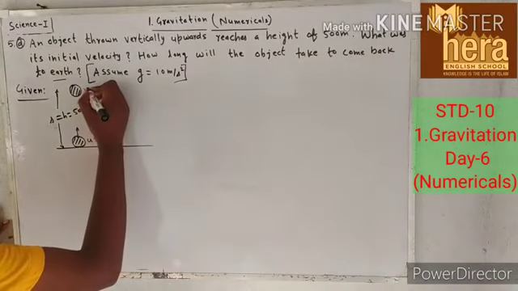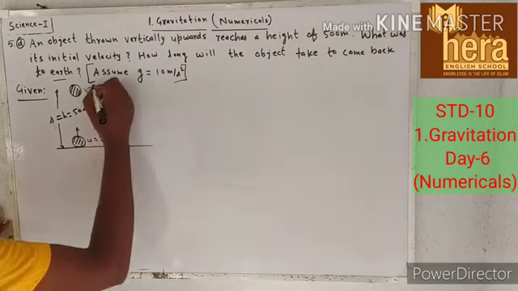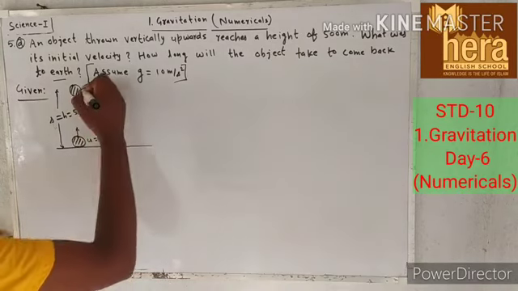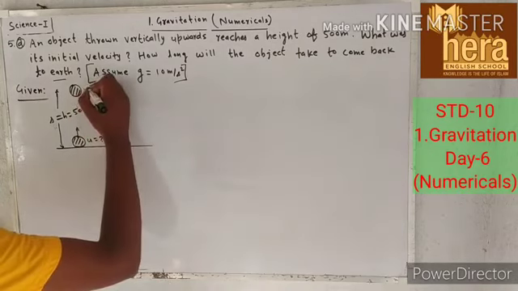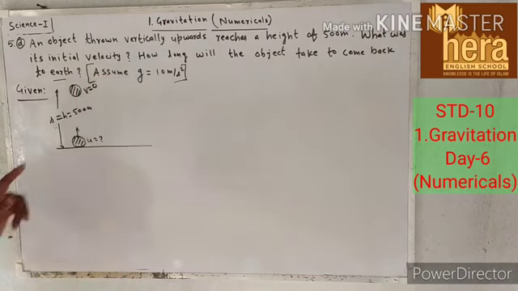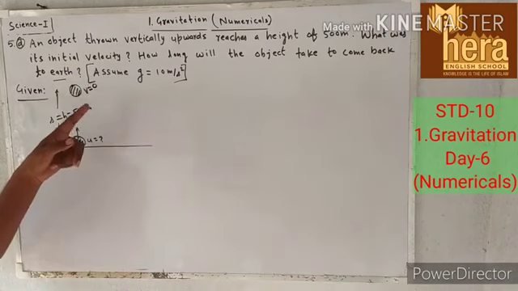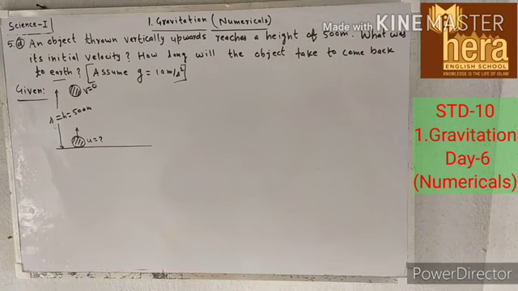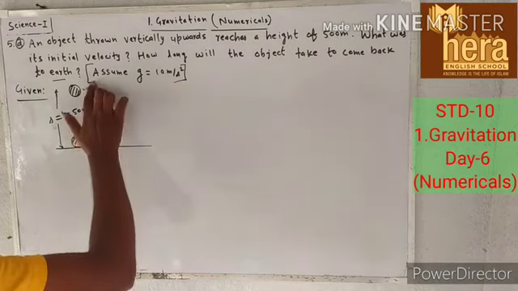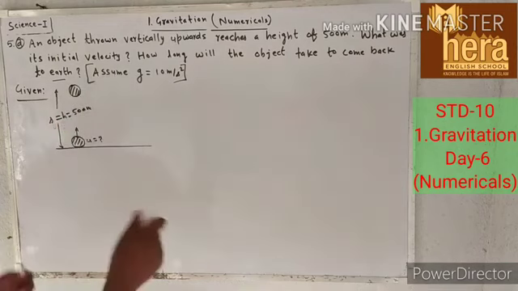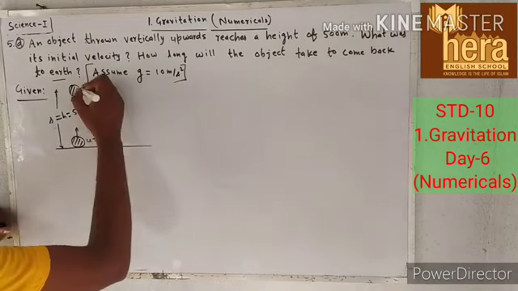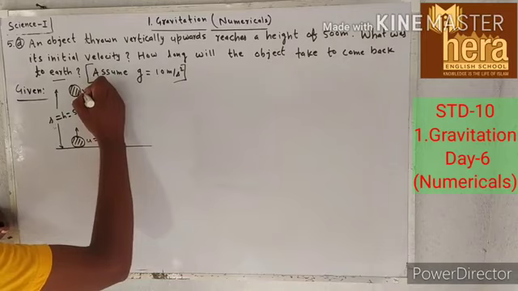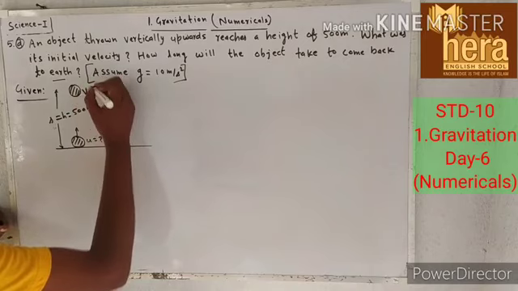Therefore, v will be equal to 0. I think this is not visible, so I will fill the ink in the marker. Okay, wait just a second. So here v is equal to 0, right?